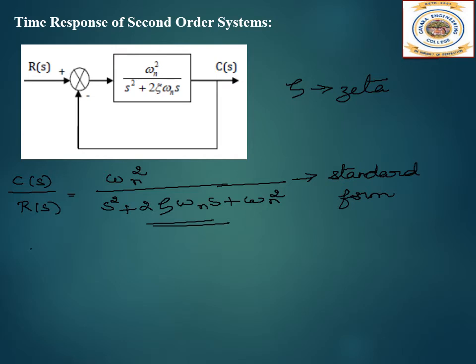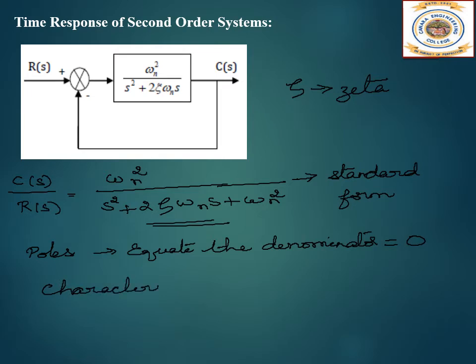So if I need poles, then equate the denominator to 0 and find the roots, that will give the poles. Now this denominator is called the characteristic equation, the denominator of the closed loop transfer function.